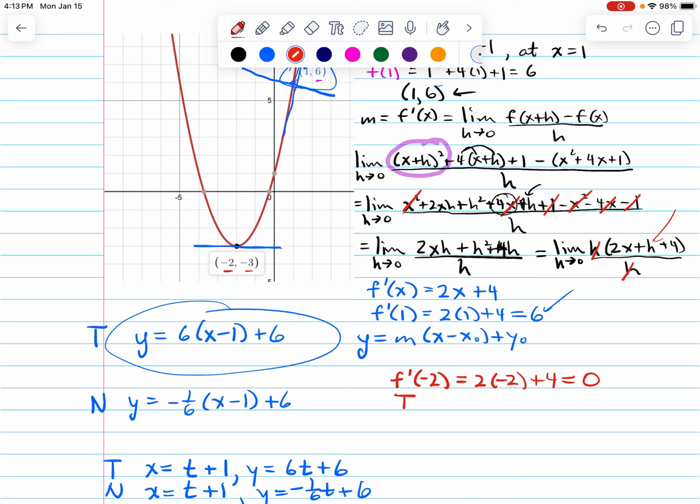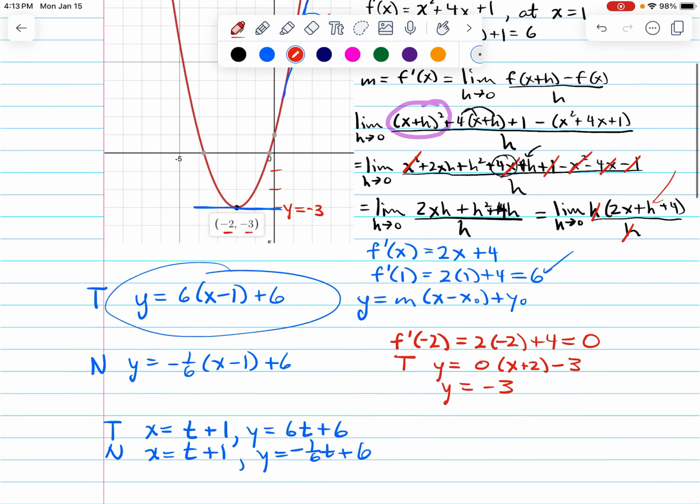The equation for the tangent goes like this. y equals, okay, the slope is 0, times x minus -2, and then minus 3. So what we get is y equals -3. And look, that's the equation. 1, 2, 3, -3. That's the equation for that line, -3.